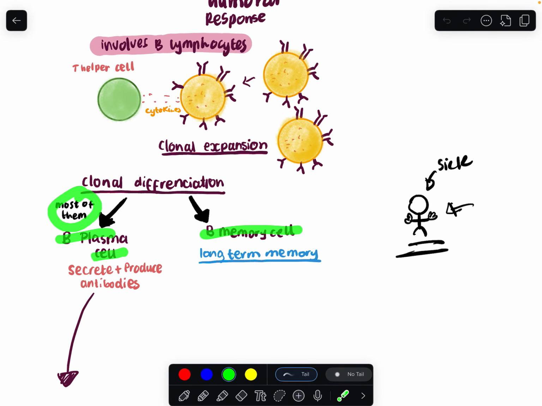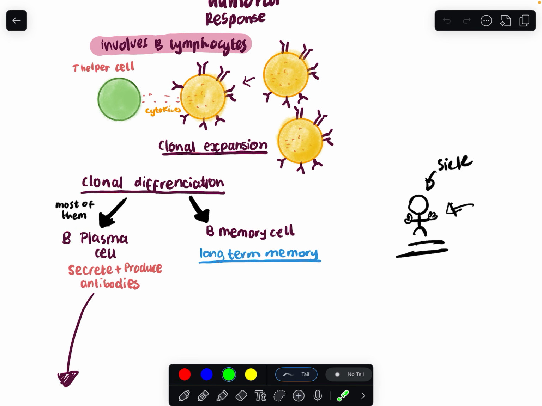Most of the B lymphocytes will differentiate into B plasma cells, since they are the ones that do the work, and we don't need too many B memory cells, because the body doesn't need that much to remember that pathogen in the long term.